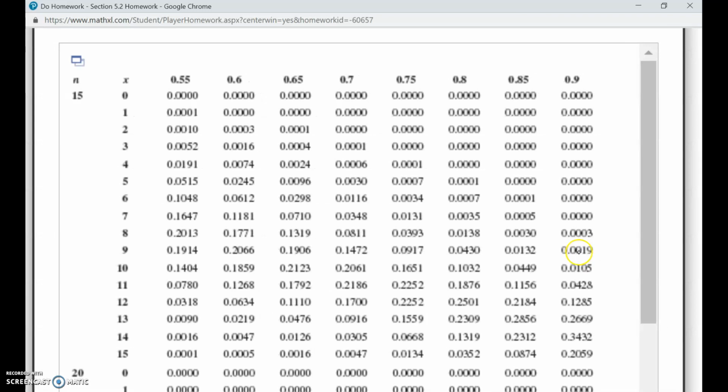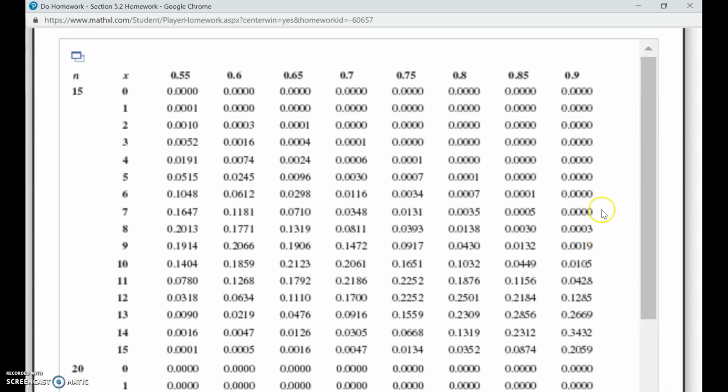So we're right here at 0.0019, 0.0105 would be 10, 0.0428 would be 11, 0.1285 would be 12, 0.2669 would be 13, 0.3432 would be 14, and 0.2059 would be 15.